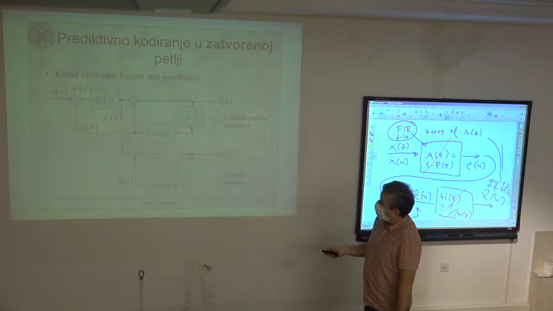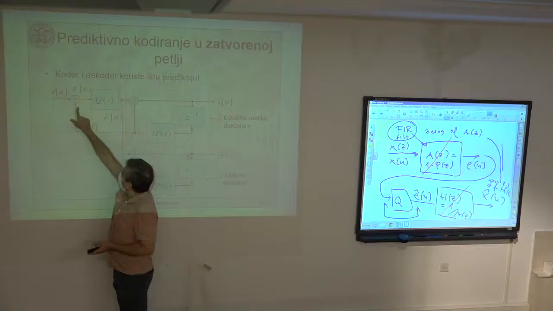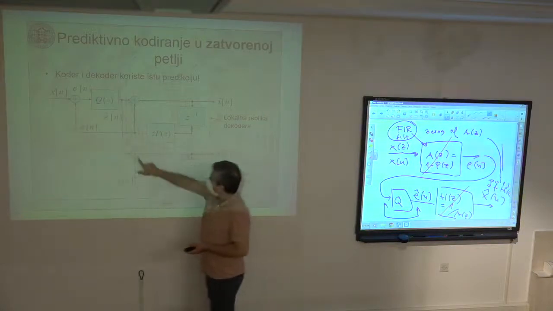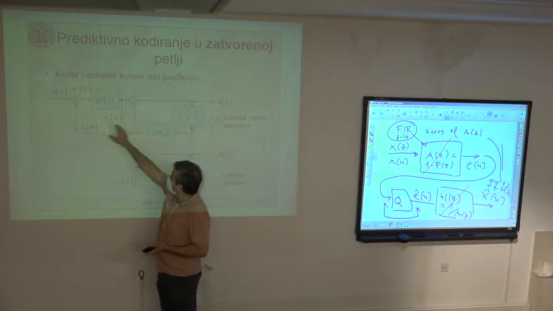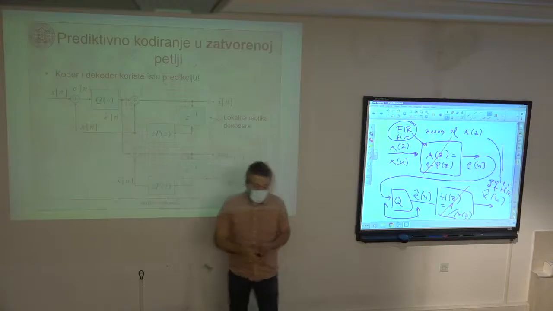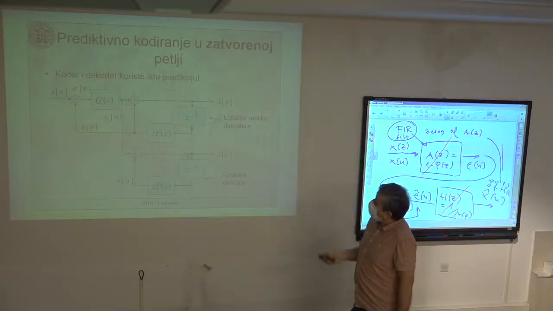So this x tilde, this x tilde, they are the same. And whatever I subtract here, I add up here. So this x tilde is simply cancelled. I subtract it here, and I return it back on the receiving side. And this configuration is called predictive coding in closed loop.